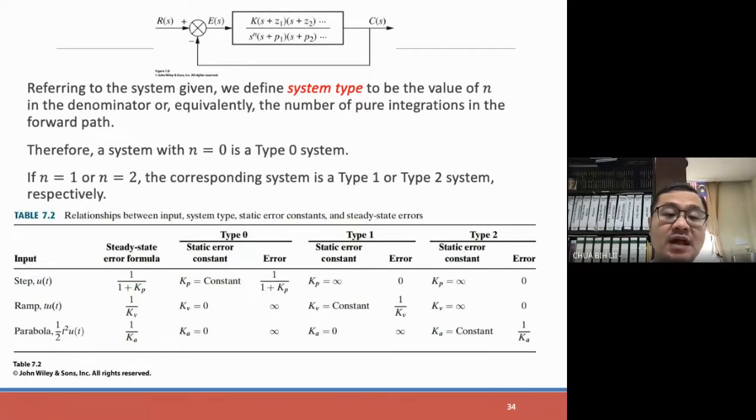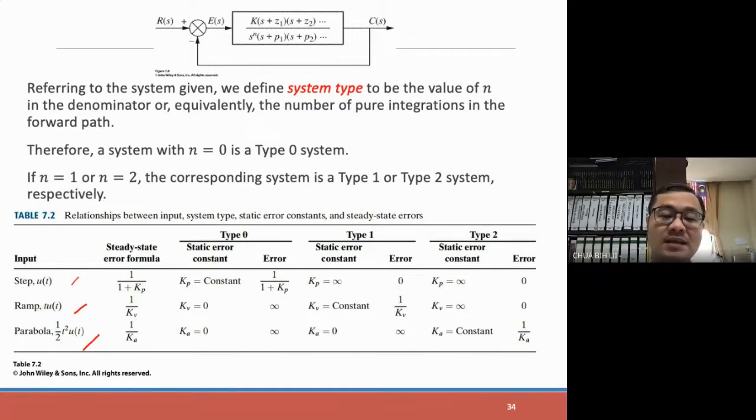When n equals 0, we define that as type 0. Therefore you would see the different relationship between the static error constant and the error itself for different types of input. So two things over here: the first is the type of input, and the second is your system type, the transfer function itself.